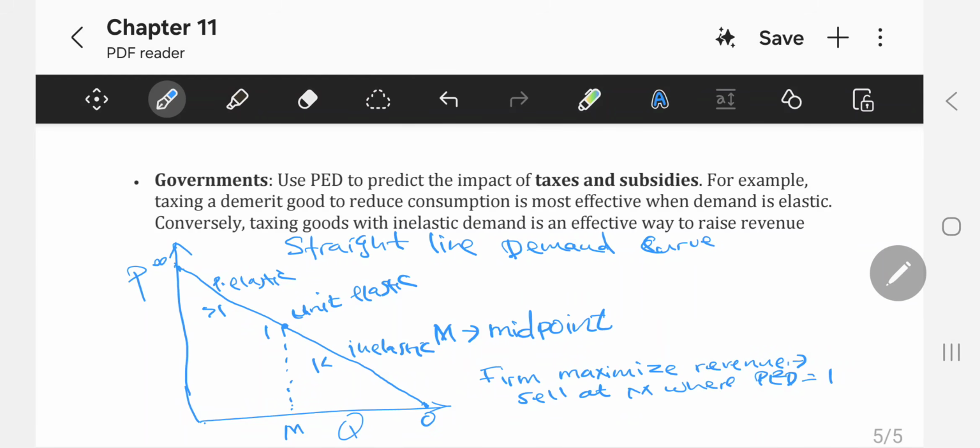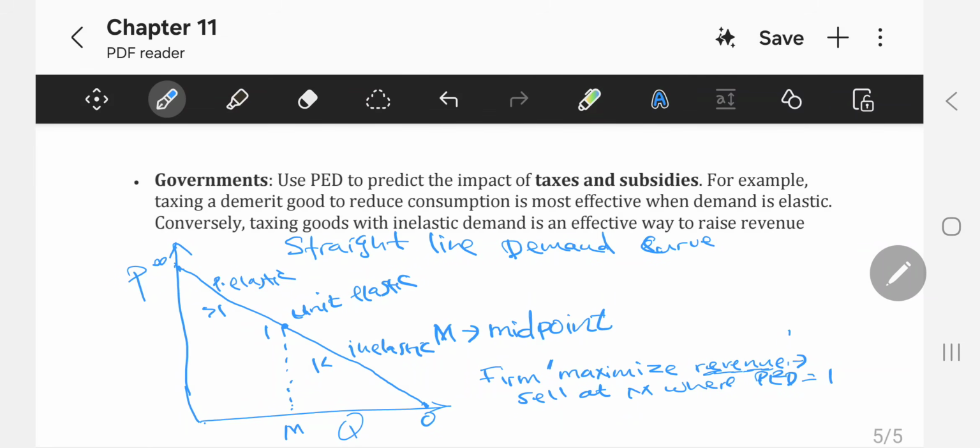So they should be selling at that point there on their graph. This is the quantity they need to be producing, and this is the price they need to be selling at if the intention is to maximize revenue. Remember, this is for revenue maximization.